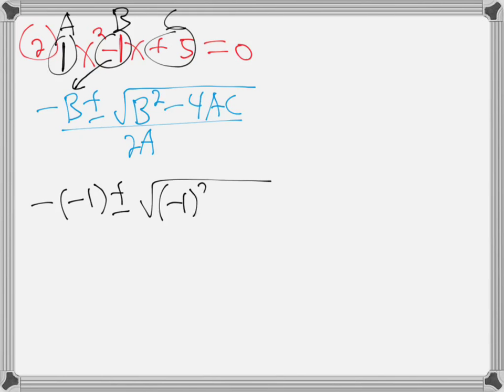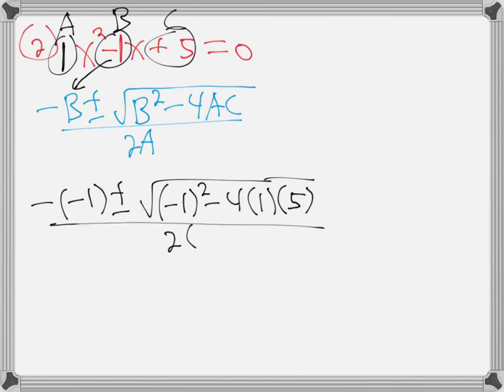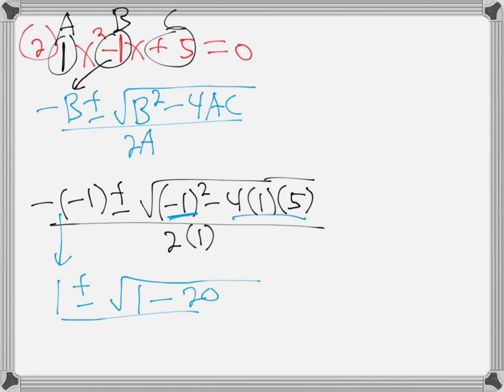And then B squared, -1 squared, minus 4 times A, which is 1, times C, which is 5, all over 2A. Double negative becomes positive 1, plus or minus the square root. -1 squared is -1 times -1, plain 1. Minus 4 times 1 is 4 times 5 is 20.